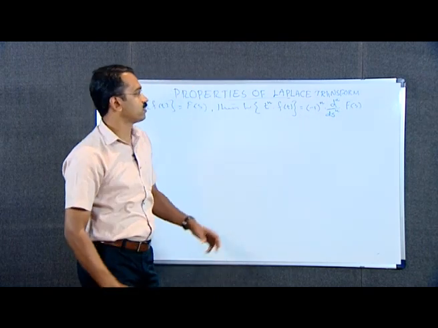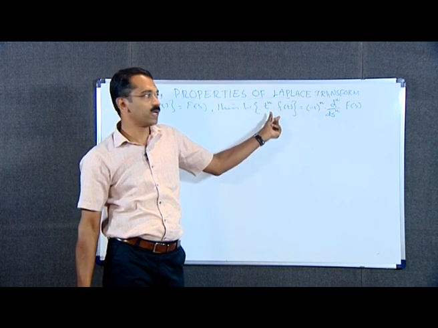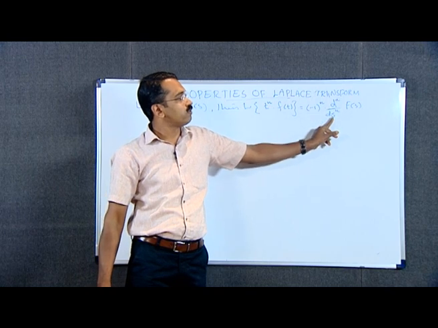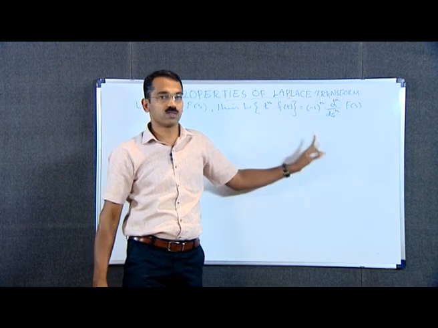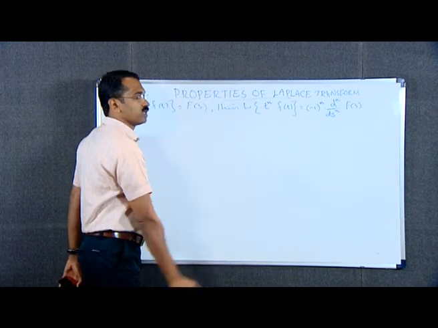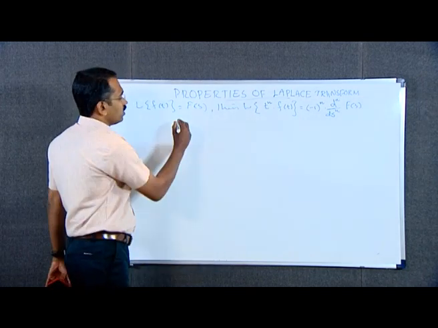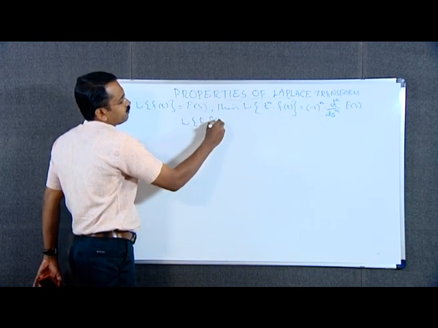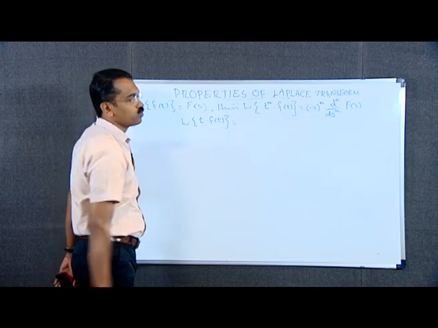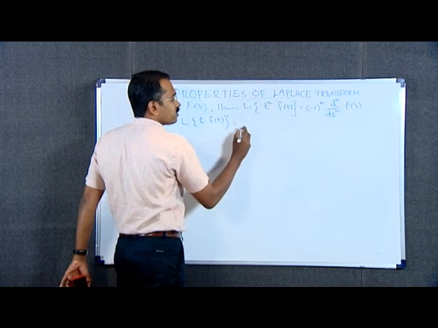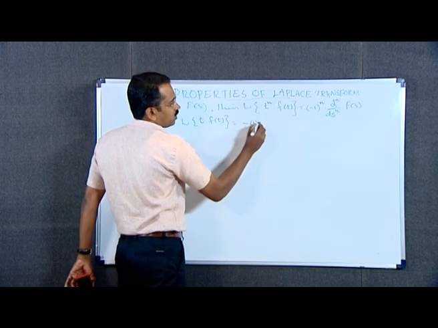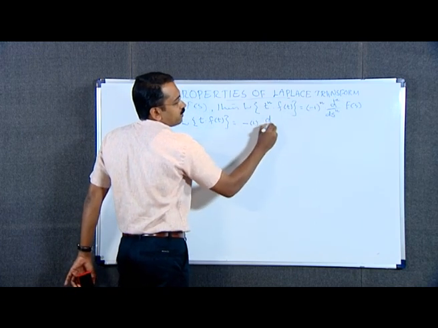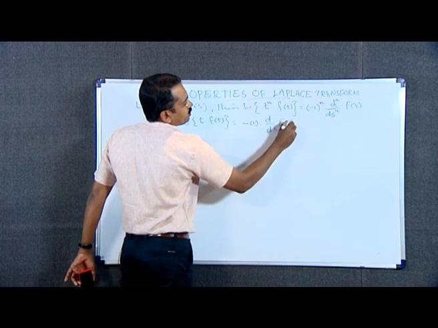That is, L of t raised to n into f of t is equal to minus 1 raised to n into the nth derivative of f of s with respect to s. This is the property of multiplication by t raised to n. In particular, for n equal to 1, the Laplace transform of t into f of t is equal to minus 1 raised to 1, which means minus 1, into the first derivative d by ds of f of s.